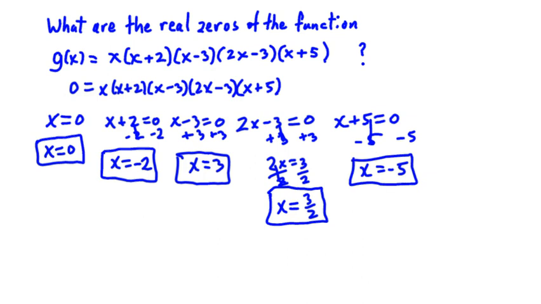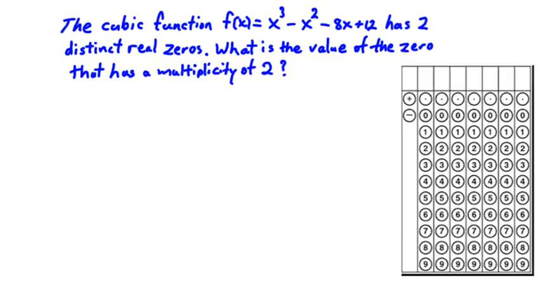Okay, let's go on to the next one. The cubic function f of x equals x cubed minus x squared minus 8x plus 12 has two distinct real zeros. What is the value of the zero that has a multiplicity of 2? So let's go to our graphing calculator and enter it in here.